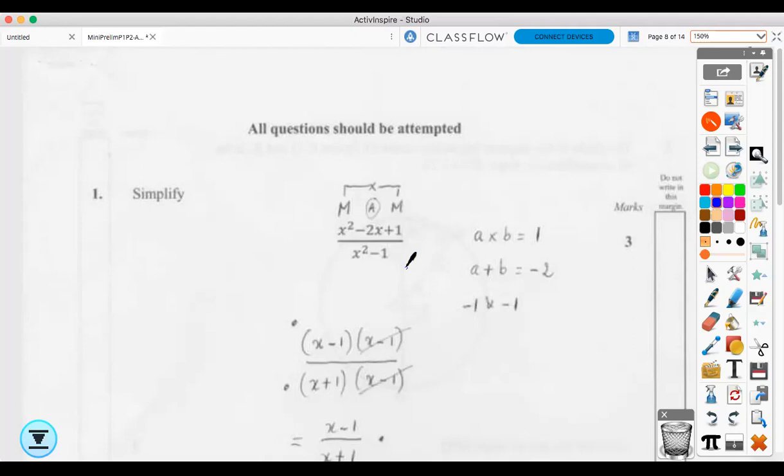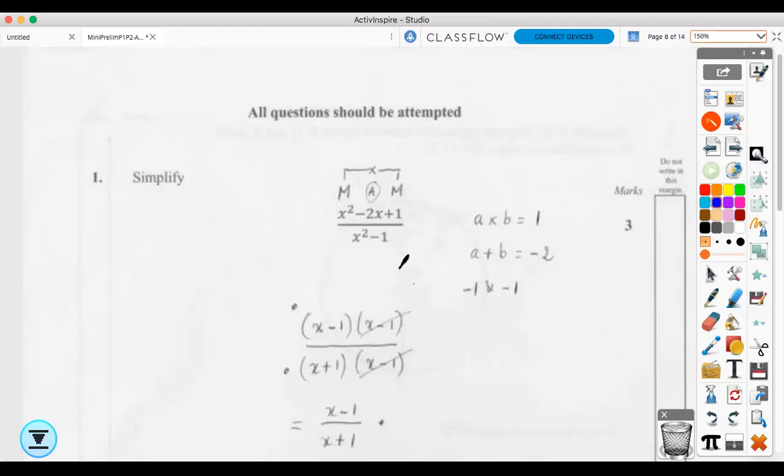So if you can use your calculator, then I would say use it. Okay. So this one was simplifying. So how do we simplify? First thing first, I can see difference of 2 squares. I need to factorize, because factorizing will get you the simplification.